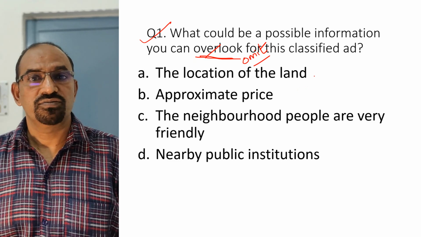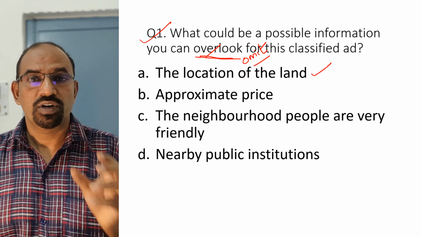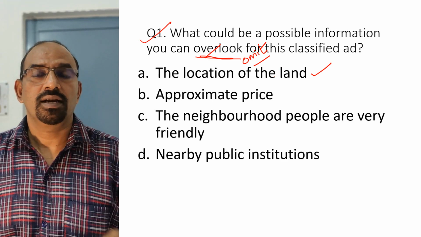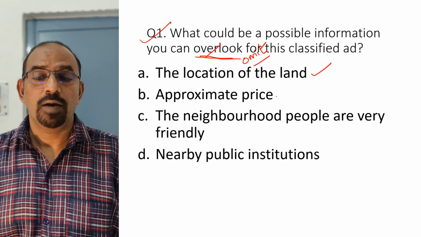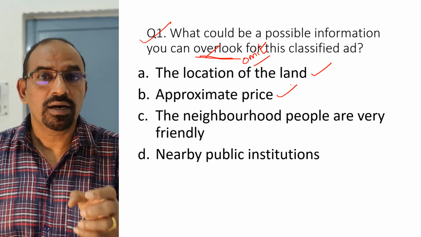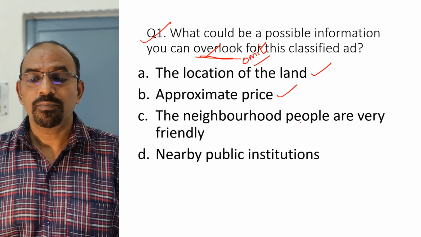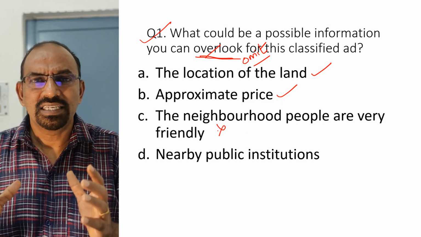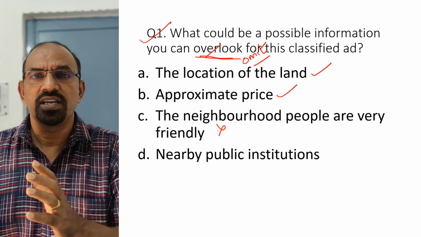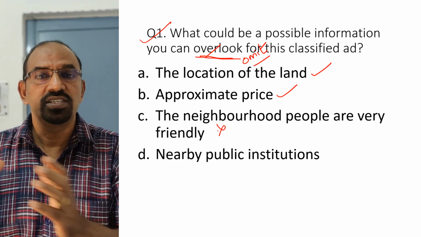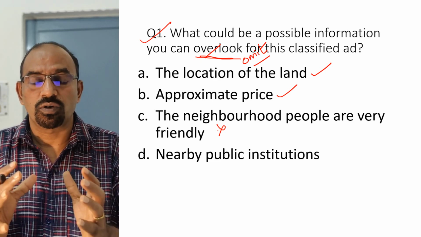The location of the land. We have already learned that location of the land should be given in the classified advertisement. Approximate price. Yes, that is also an unavoidable information. The neighborhood people are very friendly. We need not talk anything about the friendly or aggressive nature of the neighborhood or the vicinity of the plot.